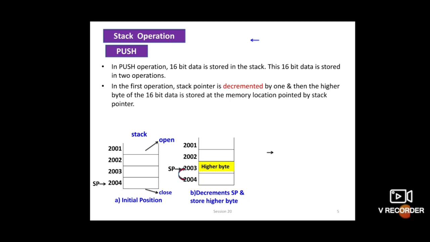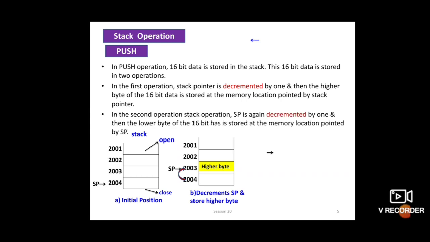Now in the second operation, again the stack pointer is decremented by 1, and at that time the lower byte of the 16-bit data is stored at the memory location pointed to by SP. Whatever data is in the lower register is stored in the next memory location, after decrementing the stack pointer by 1.